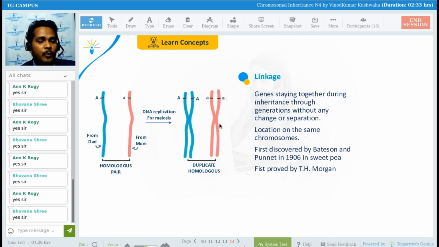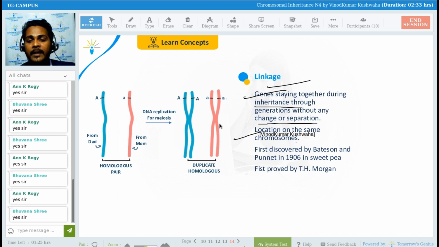So genes located on the same chromosome are linked genes, and those present on different chromosomes are termed unlinked genes. Now it is clear, right? Genes staying together during inheritance through the generations without any change or separation, that is called linkage.